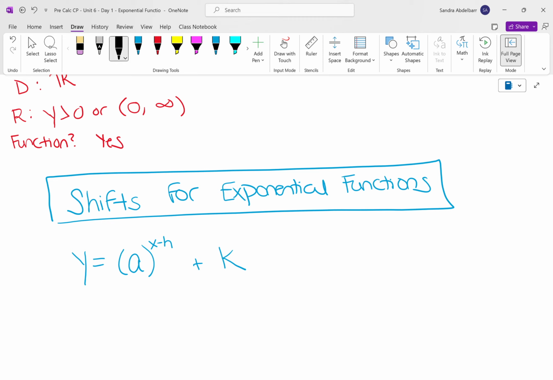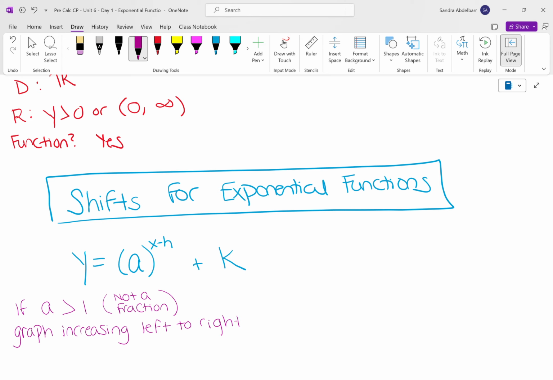All right, we're going to have two different scenarios. When a is greater than 1, so not a fraction, the graph is increasing left to right.